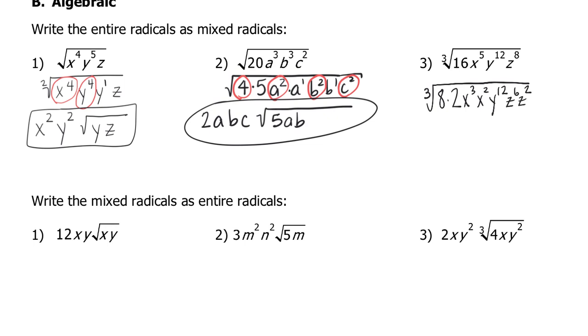Okay, so the things that can be cube rooted are the things that have exponents divisible by 3 or have perfect cube roots. So this will become 2x, y to the 4th, z to the 2, and then locked under my cube root symbol are going to be 2x squared, z squared.